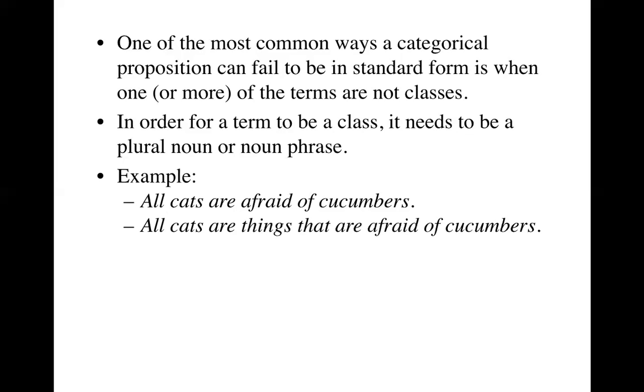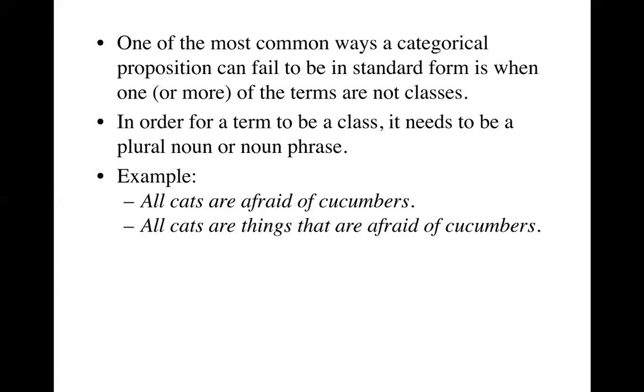And that is a noun phrase that describes a group of individuals. So it describes all cats, but it could describe other things too, right? There could be other things that are afraid of cucumbers. And so that's why it's important to do it as things. We don't want to turn it into a class by, let's say, adding animals to it.